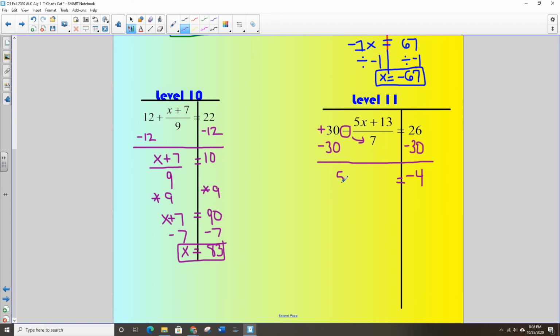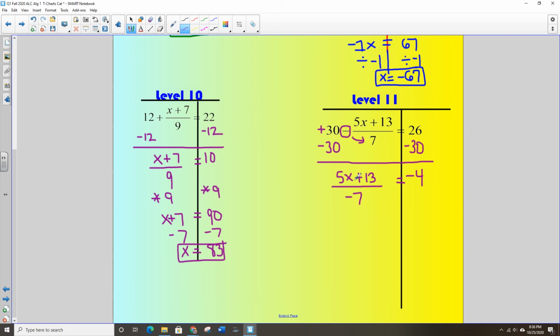So we're going to have 5x plus 13. And instead of divided by 7, I'm going to say it's divided by a negative 7. So that keeps the value, because sometimes people accidentally put a negative 5x, and it would be a negative 5x and a negative 13. So that's just a little bit more complicated. So I say just send it downstairs.